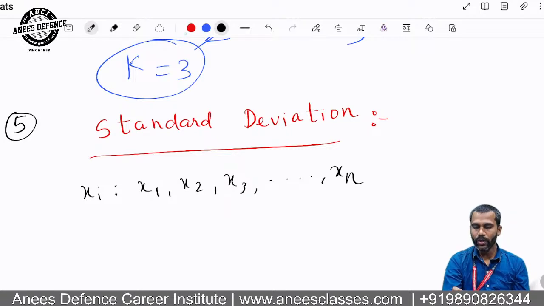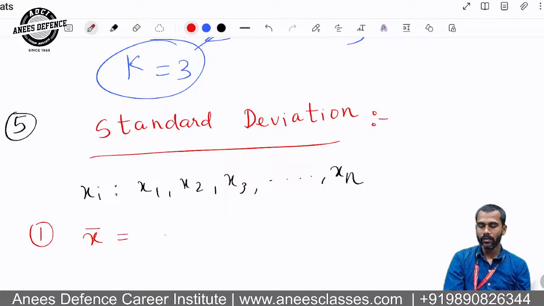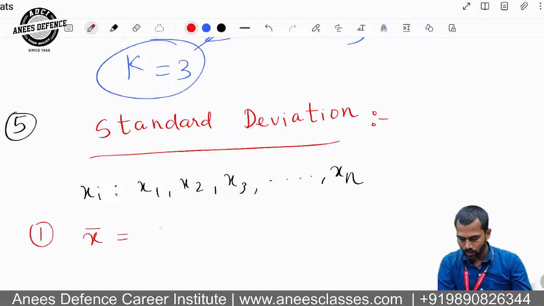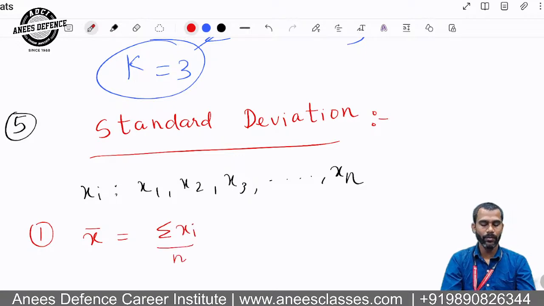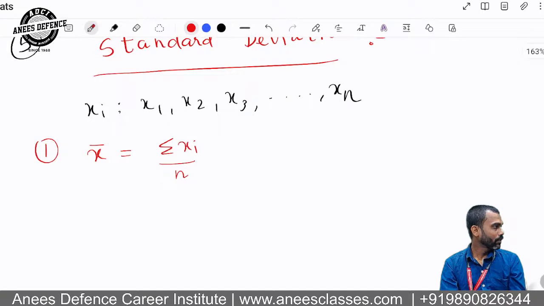First step, you need to find the mean. Mean is nothing but summation xi over n. Is there any doubt?